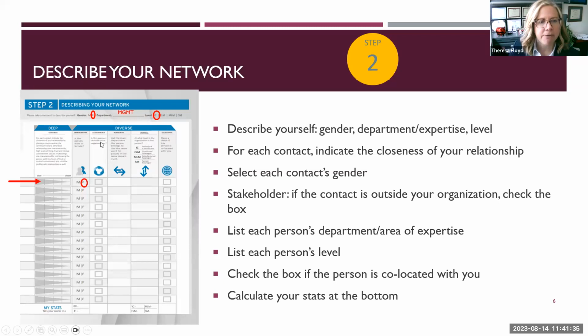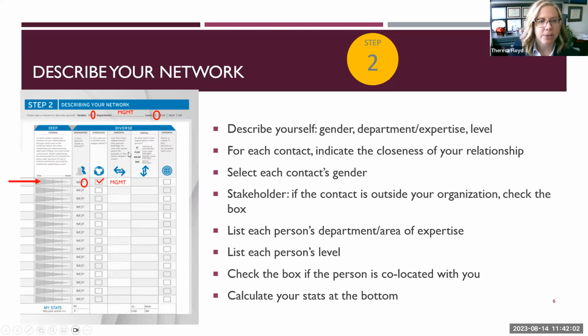If the person is outside your immediate organizational boundary, put a checkbox here. So if they work in a different organization, or if they're a customer of yours, anything that is outside your organization, you would check the box.